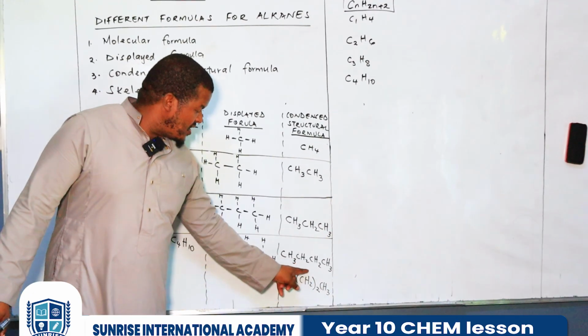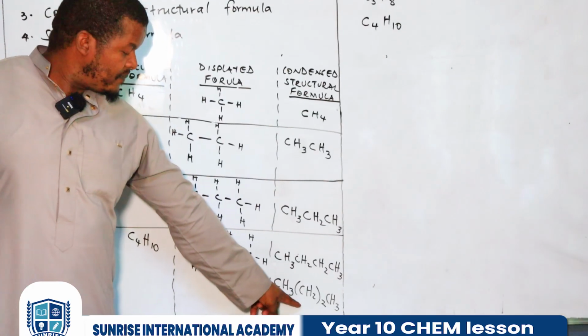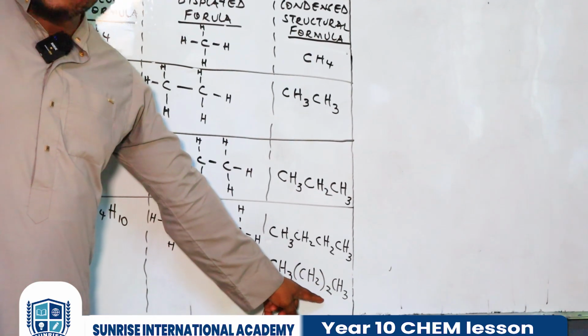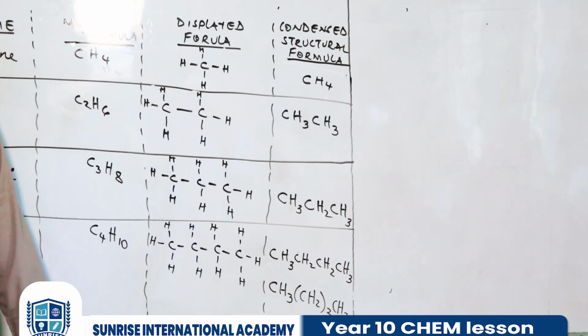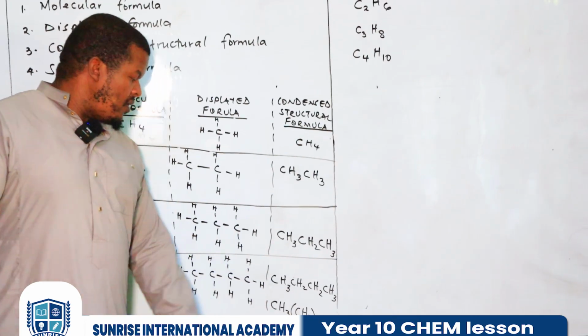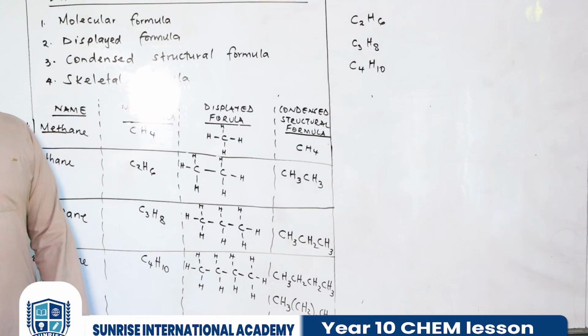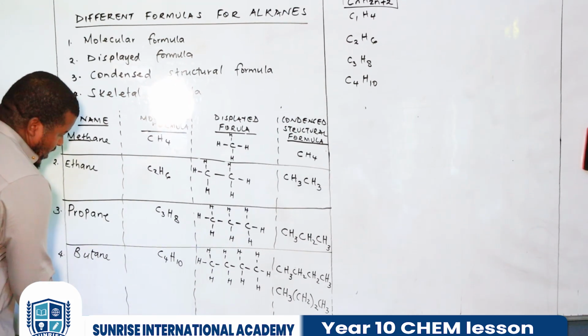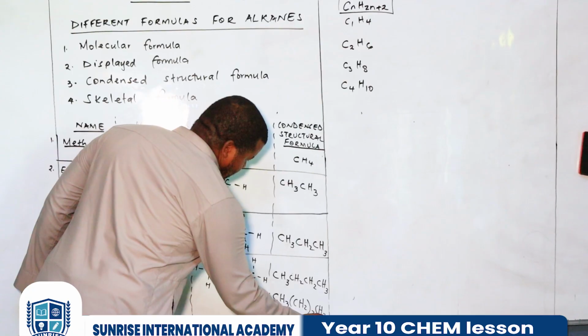Now the CH2s in the middle, you can put them together this way. If there are 2 of them, brackets 2. 3 of them, bracket 3. And so on and so forth. So it can be this or that, both of which are allowed. So that is butane for you.